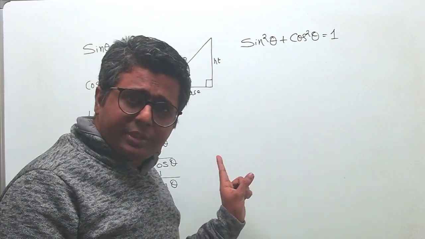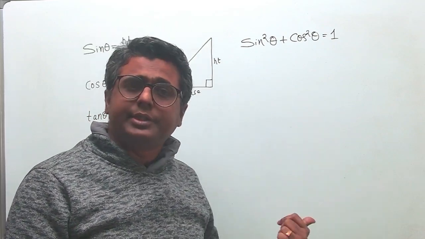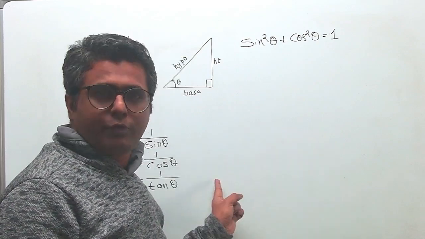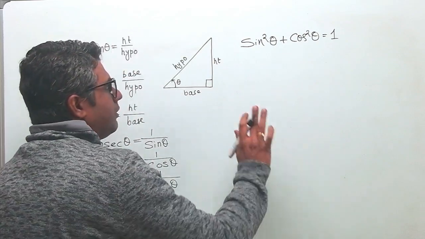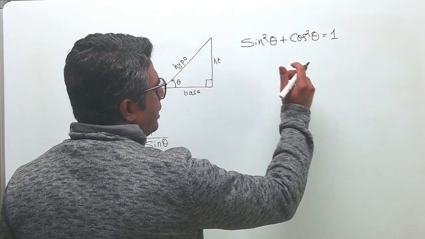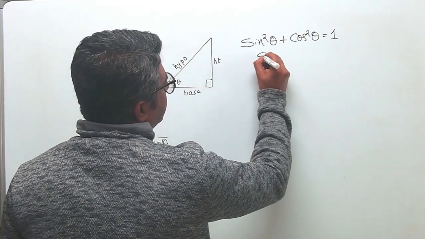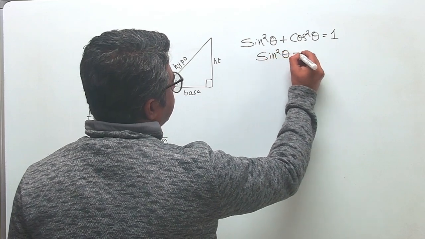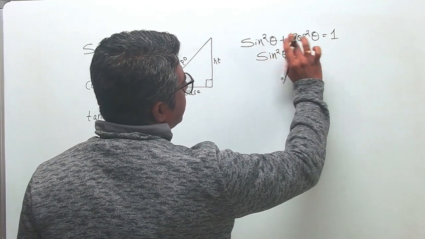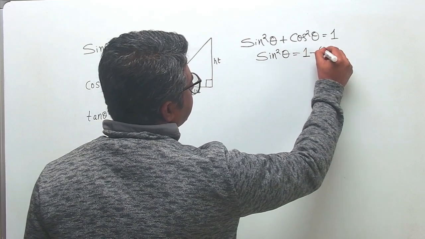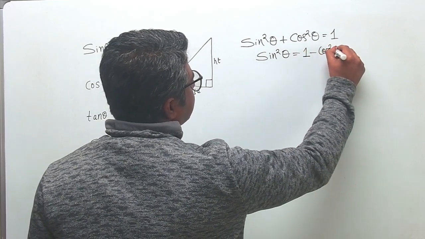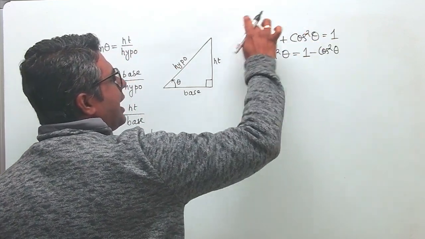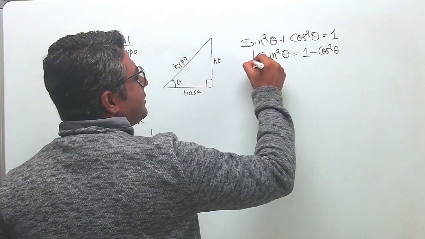You can easily prove this, but as this is an exam oriented series, I am not going for the proof. All I want you to add to this is, do understand or remember that this can be used in this way also: 1 minus cos square theta. Many a time students know this, but they are unable to apply this.